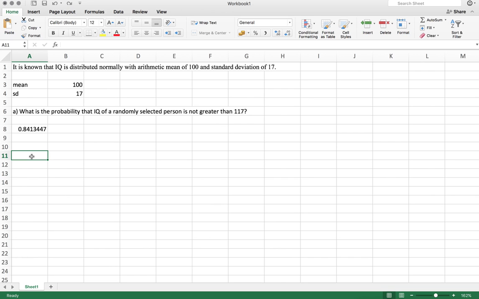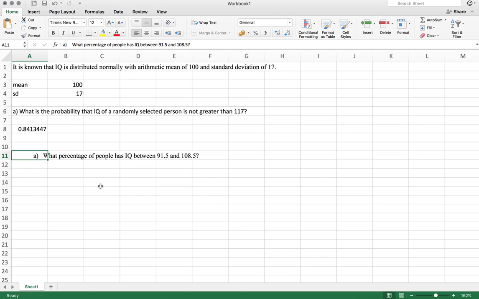Our next problem will be the following. Trying to compute the percentage of people that have an IQ between two values. Let's select these two values being between 91.5 and 108.5.